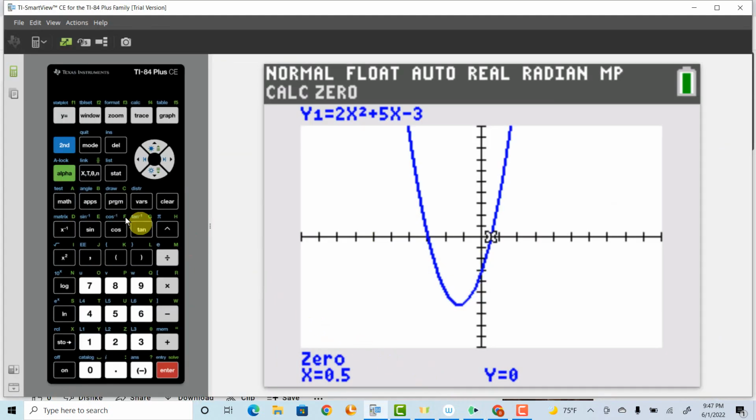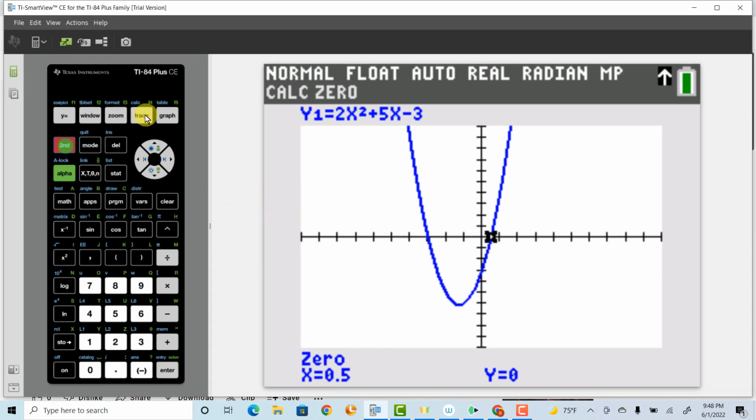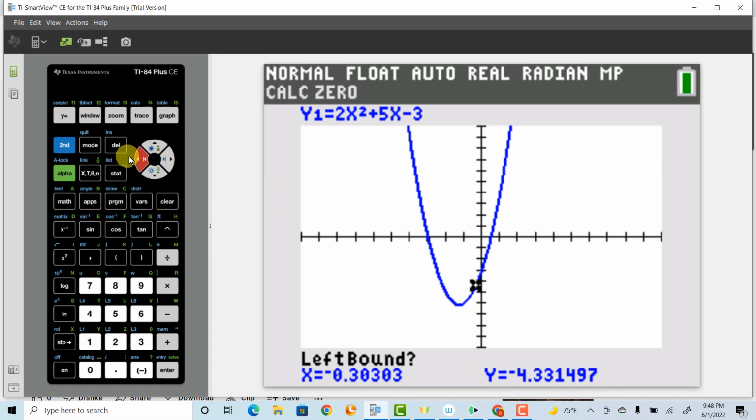So we're going to do it again, but this time we're going to calculate this 0. So we'll do calculate 0. We have to move it all the way over because we need to be to the left of that point. Okay, that looks good. And press enter.